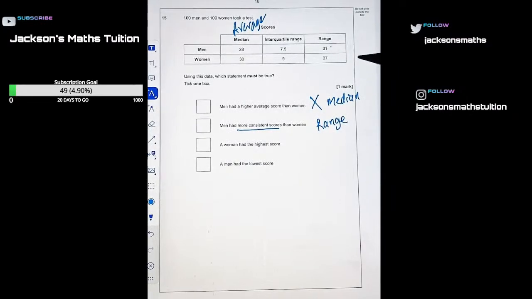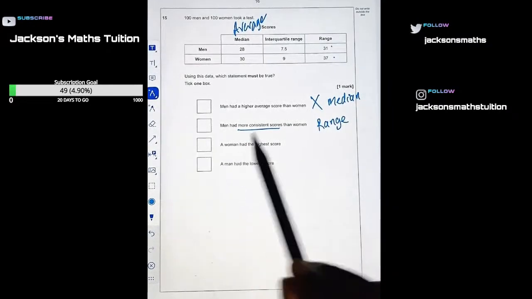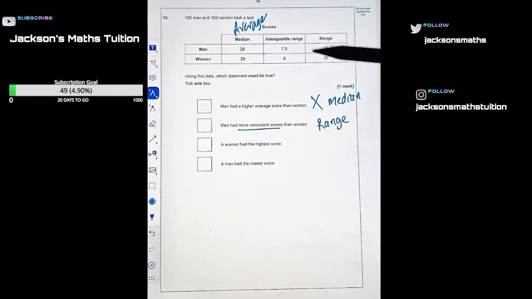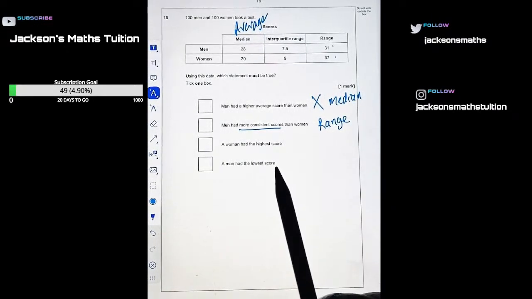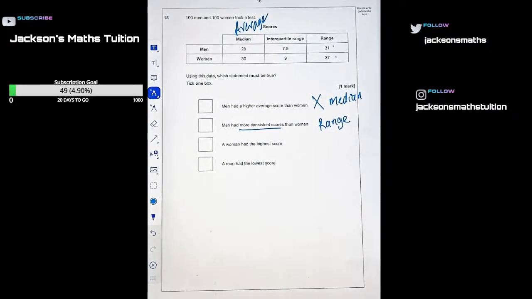Okay, because they had 31 and the women had 37. And we don't have any frequency here. So we can't talk about the highest score or the lowest score. Okay, they didn't give us any, and they didn't give us the upper quartile or the lower quartile. So we can't do these two. So it's going to be the second box for range.